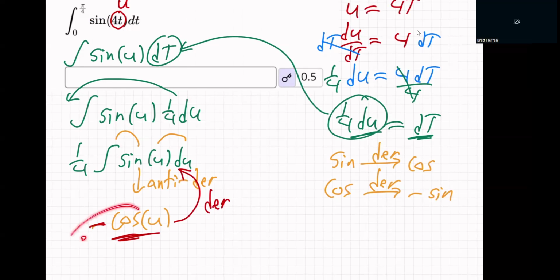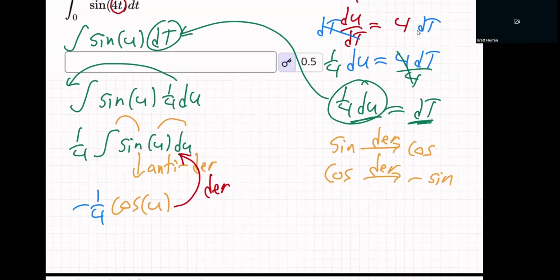Because if you do minus cosine, you get that minus sign. The derivative of cosine is negative sine. You get the two negatives. It'll go back to positive. It's correct. So it must be negative cosine. I just think it backwards like that. And then the 1/4 is still there as well. So negative 1/4 cosine of u.